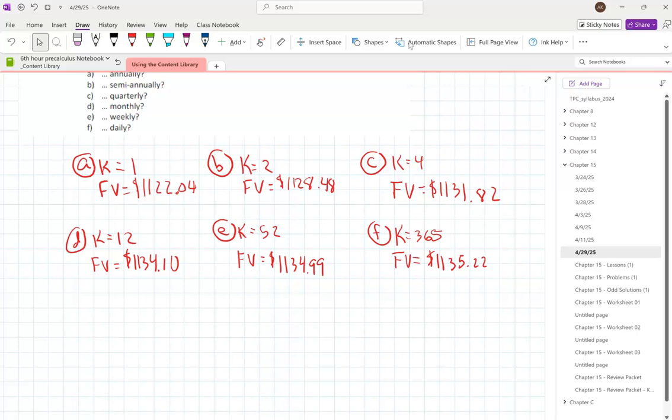So the number of compounds per year, I'm not stressing over that. What I would want to stress over is the time, how long my investment stays there. That's the big thing. The longer I can keep that money in a compound interest account, what incredible benefit that is to me.